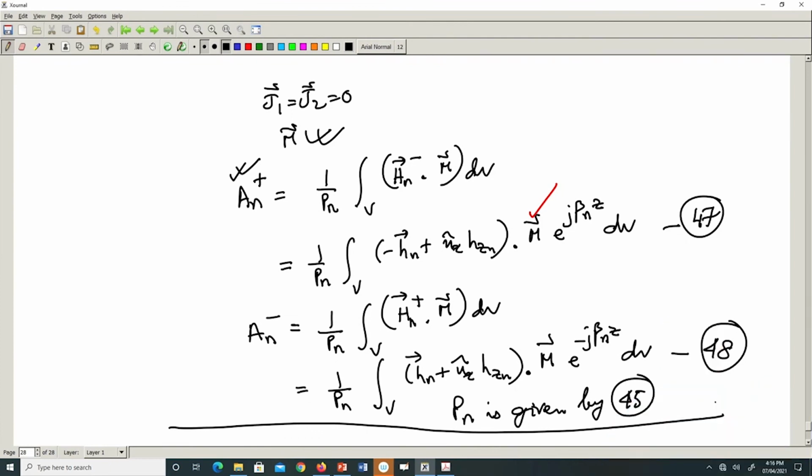So, they can be exactly derived, as I said, following the similar steps for the electric current source. This concludes the section on the application of the reciprocity theorem to compute the forward and the backward moving waves inside the waveguide. Thank you.